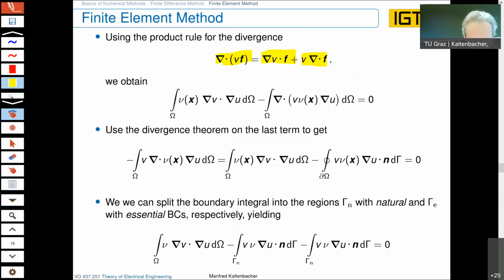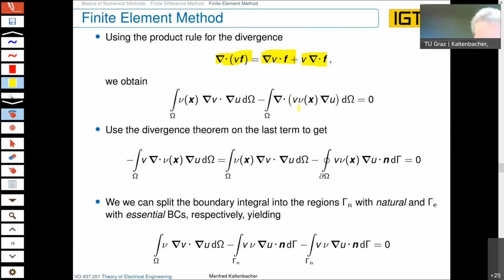And that can be rewritten as the divergence of the product minus the gradient of v dot product with the vector, which means that exactly this term gives you now the material parameter depending on space, the gradient of the test function dot product with the gradient of the unknown, minus the divergence of this part here.